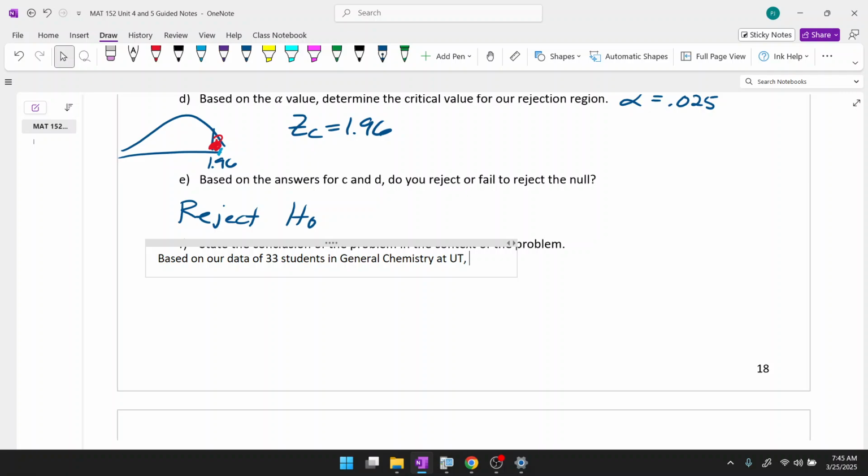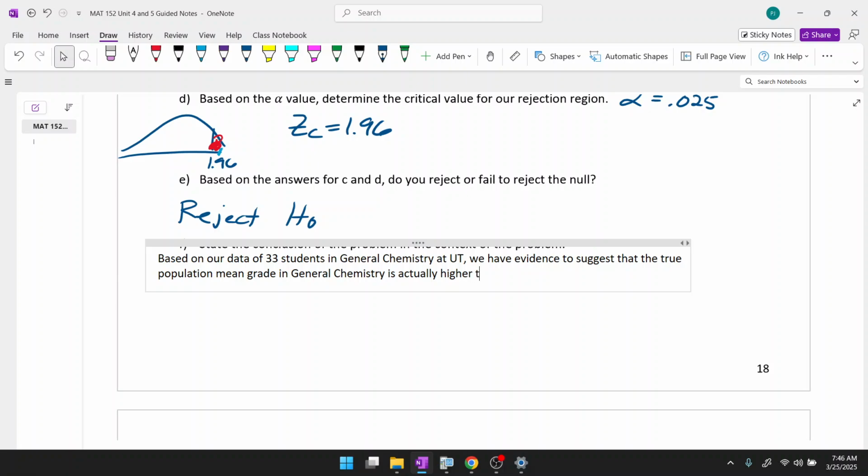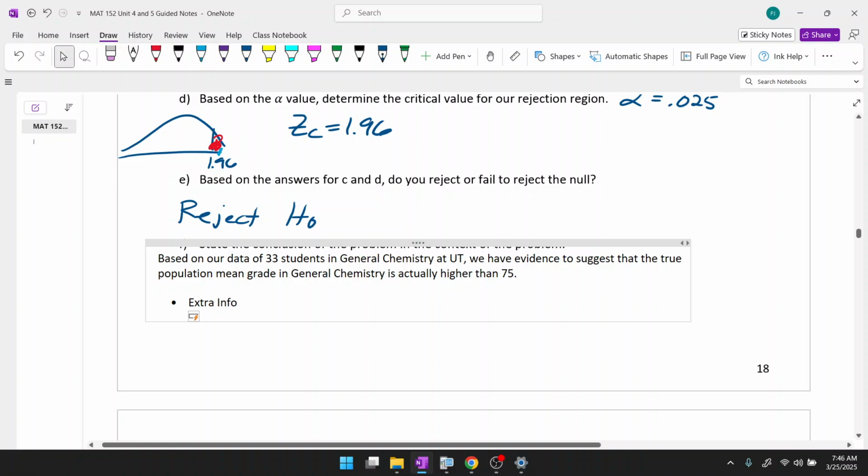And since we went with the alternative hypothesis, we have evidence to suggest that the true population mean grade in general chemistry is actually higher than 75. That is more than enough. That's going to suffice for your answer. But this is kind of extra info.